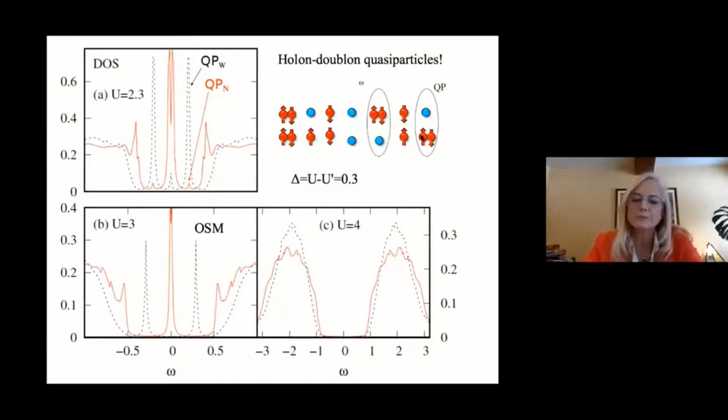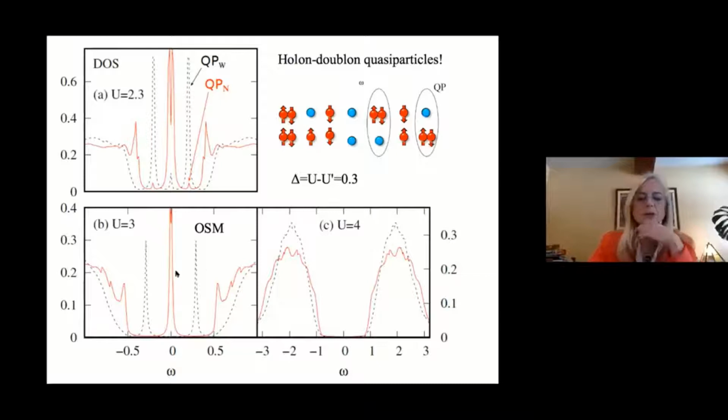So as long as one of the bands is metallic, that will form holes, and that hole will bind to a doubly occupied state in the other band and will produce these peaks of quasiparticles at finite energy. The energy is U minus U prime, because if you look at atomic spectra, it costs U minus U prime to go from this, which is the ground state, the most relevant state, to the 0, 2 state.